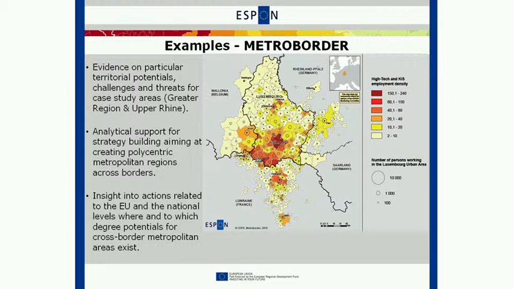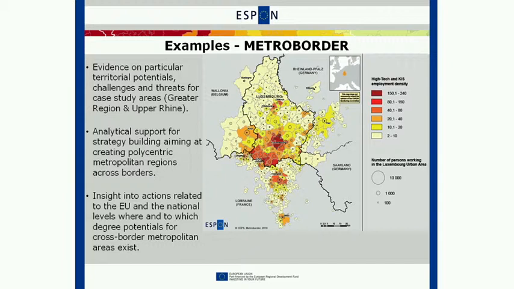And looking at the particular development opportunities of these regions, because very often these cross-border areas are associated with particular barriers or challenges that they have to deal with in their development. And this project tried to identify the opportunities and the potentials that these regions also possess, and to turn these into something positive for their further development.